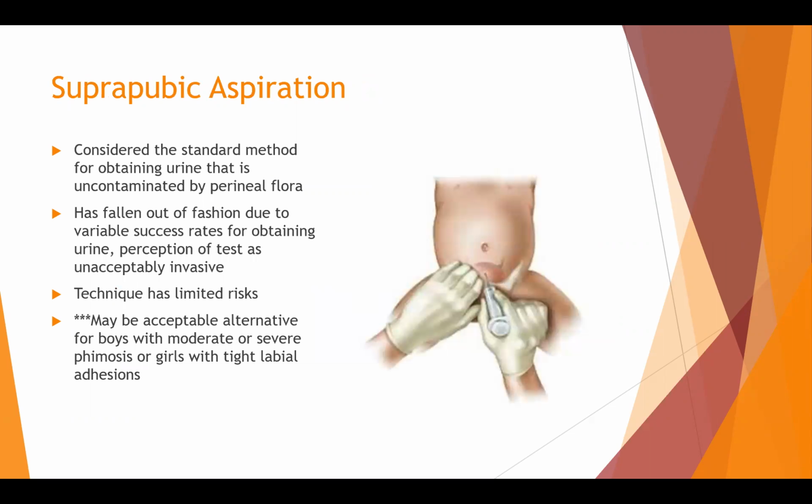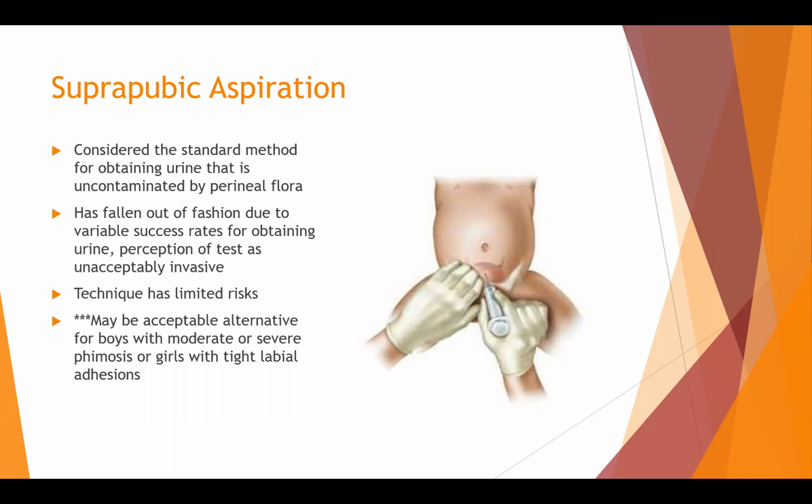Okay, so while we're talking about it, let's go into a little bit of methods of obtaining urine. Suprapubic aspiration is definitely something that has fallen out of fashion for obvious reasons. There are variable success rates. The perception, and maybe reality, is that this is a very invasive procedure.